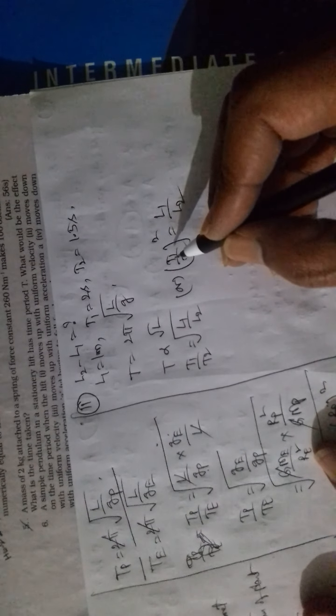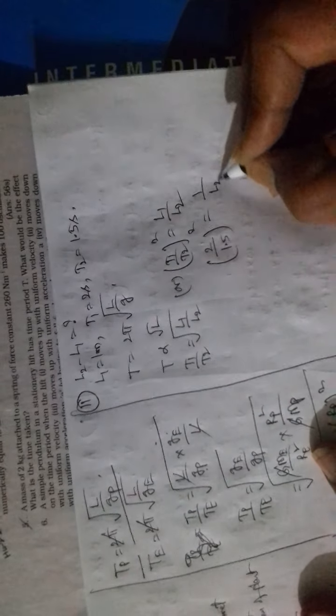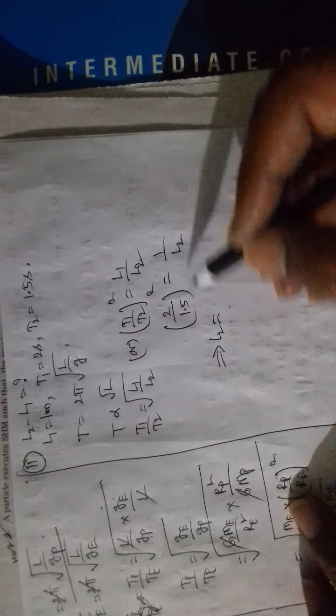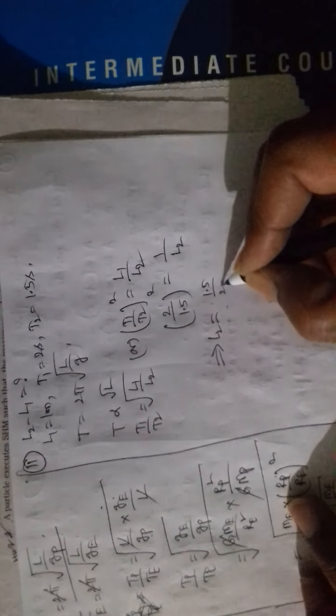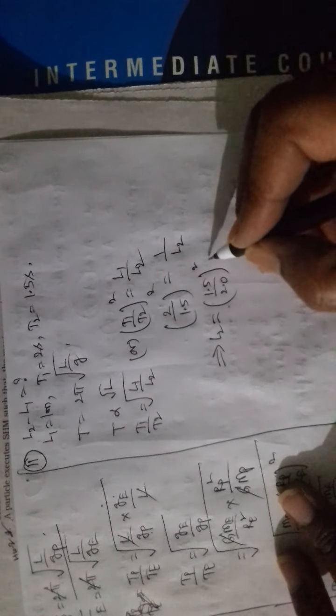Now let us substitute the values. T1 is 2 seconds, T2 is 1.5 seconds, L1 is 1 meter, L2 we don't know. So from this we get the L2 value. Taking L2 this side and this fraction that side, 1.5 by 2.0 whole square, so 15 by 20.